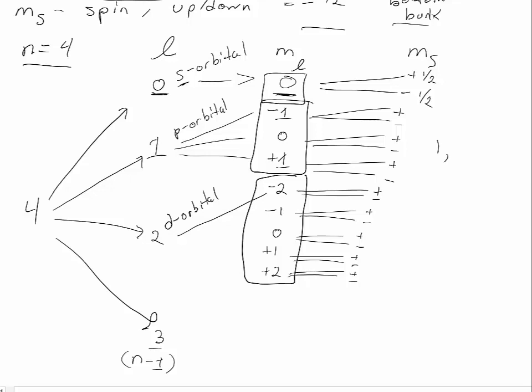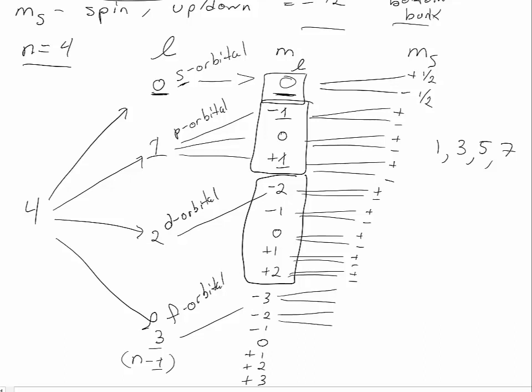So far we have 1, 3, 5. How many f orbitals do you think there will be? There will be 7 f orbitals, because their values range from -3 to +3. And again, each of these has 2 possible spins.